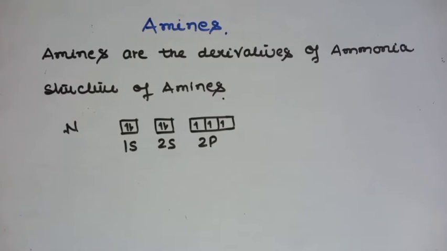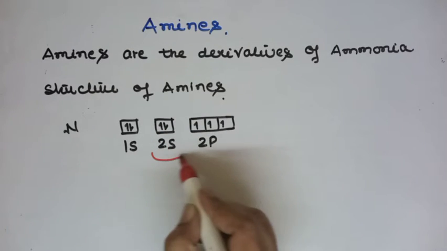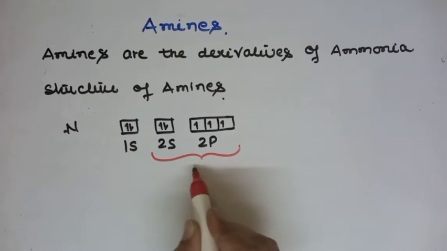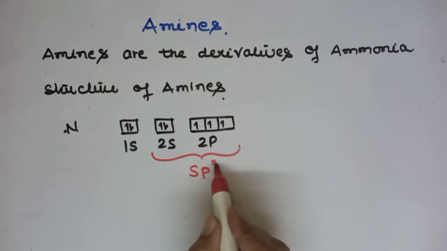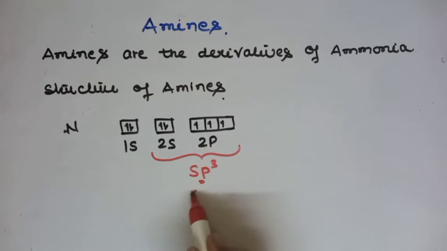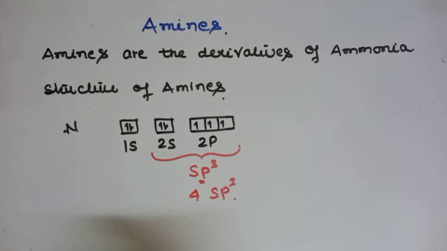As the nitrogen has to form three bonds, the three unpaired electrons are enough for it. So it undergoes sp3 hybridization, forming four sp3 hybrid orbitals, which are tetrahedral in structure.